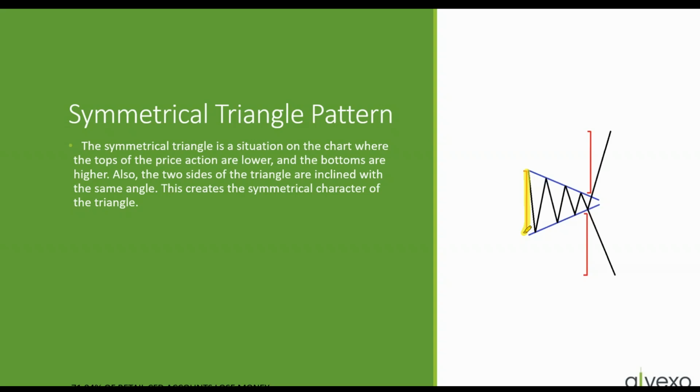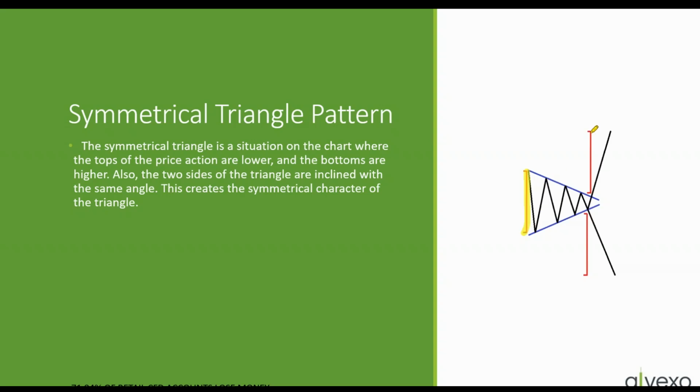There are too many rules out there saying, well, if the symmetrical triangle appears during an uptrend, then the price should continue upward. Believe me, I've tested it, and it's like 58 to 42% correct. It's not enough to make us follow this rule.